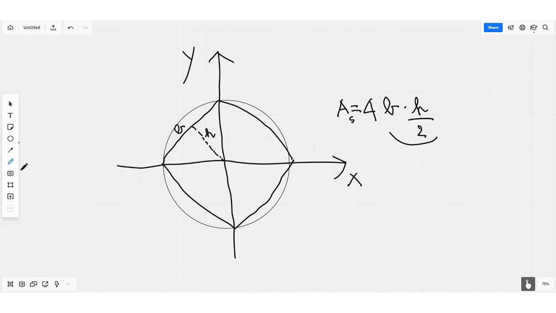Alright, but let's see now what happens as we increase the number of sides of our polygon. So from a square we can, for example, go to draw an octagon here.